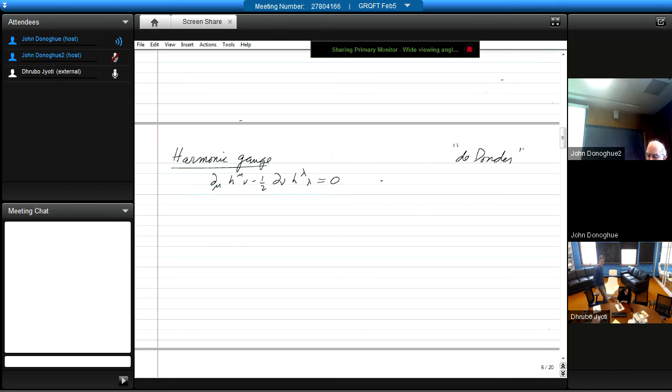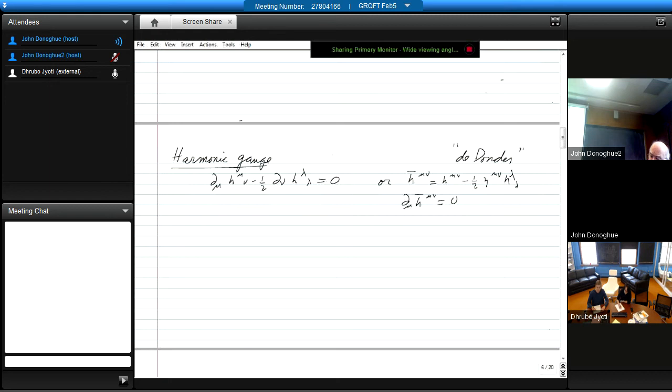Equivalently, sometimes if I define h bar mu nu, this is a useful notation, as h mu nu minus 1/2 eta mu nu h lambda lambda, this is then d mu h bar mu nu equals 0.